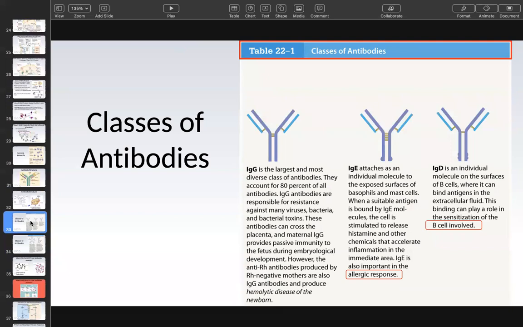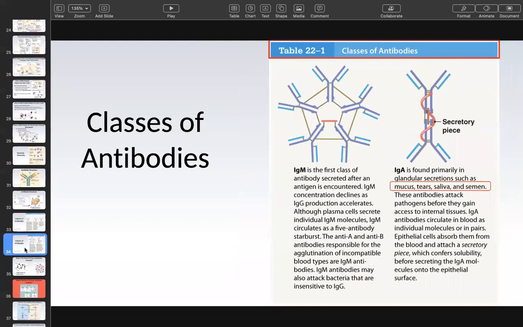IgG is the largest and most diverse class of antibodies. This is the main player in a secondary exposure to the same pathogen. IgE is typically what is produced and secreted in an allergic response. This is the issue in an anaphylactic reaction. IgD is what's produced on the surface of B cells and is involved in the sensitization of B lymphocytes.